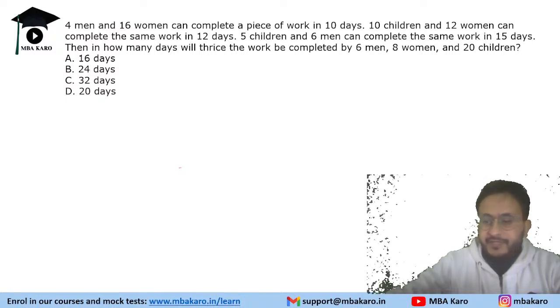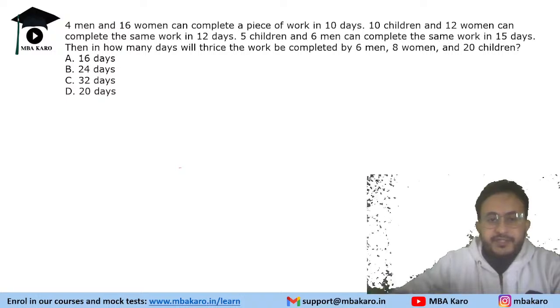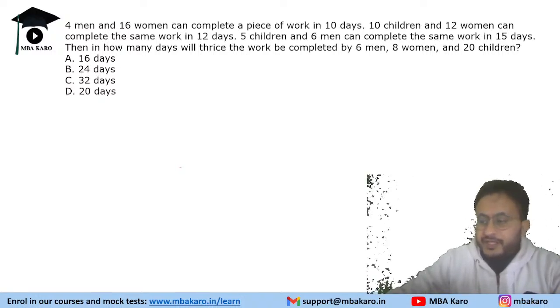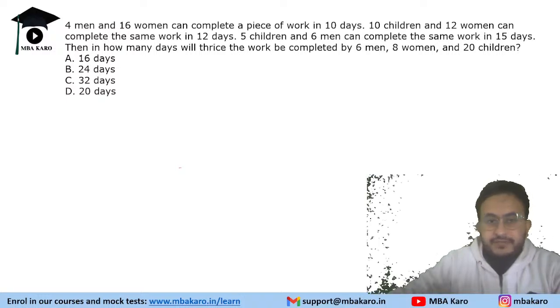So we have men, women, and children doing the work. You need to tell the time for 6 men, 8 women, 20 children, and thrice the work.